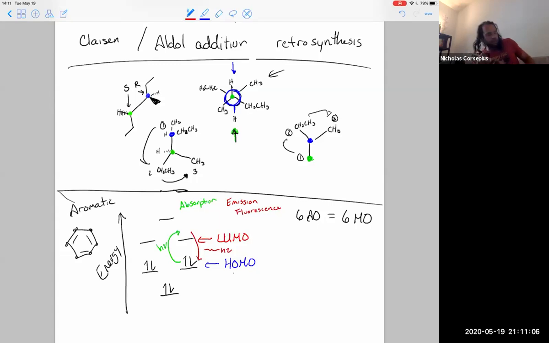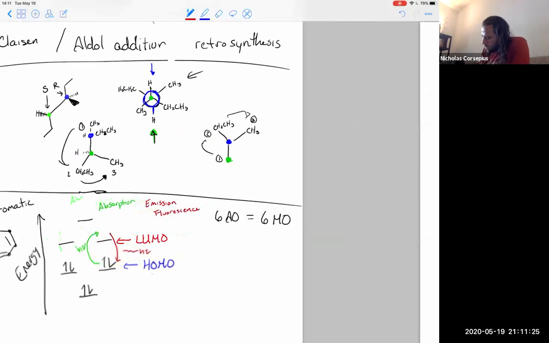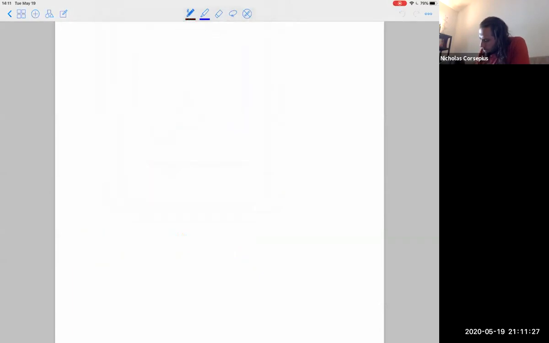I guess actually the other one is, oh, where was that? Chapter 8. The other context that we saw these in was in Diels-Alder reactions.